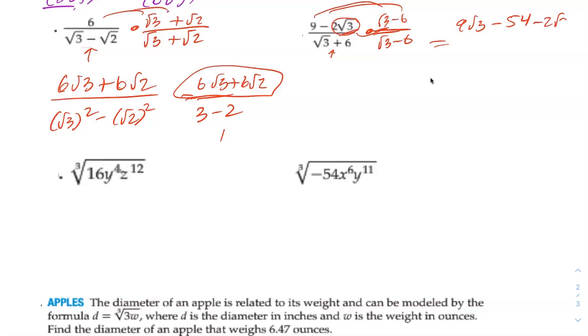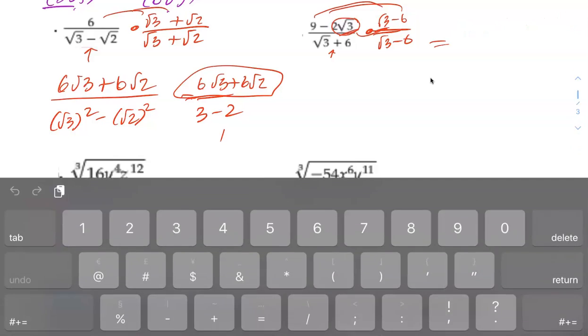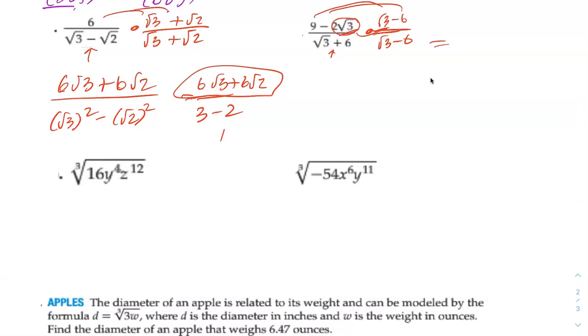Negative 2 rad 9 minus 12 rad 3. I'm running out of space. So 9 rad 3 minus 54 minus 2 rad 9 minus 12 rad 3. On the bottom, it's the difference of two squares, so you just do the first thing squared minus the second thing squared.